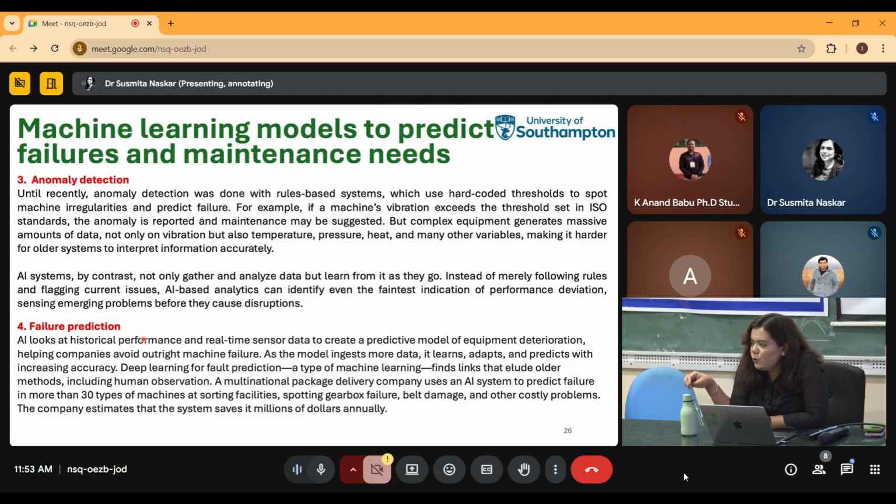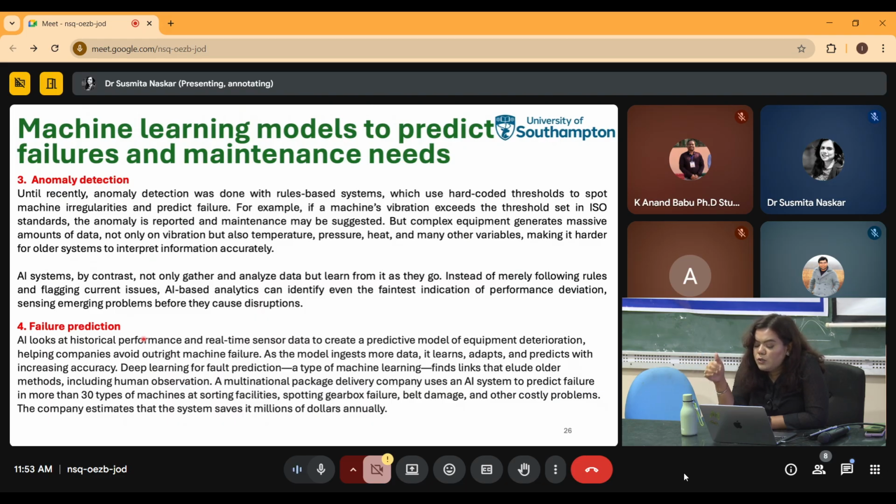And as more data flows in, the model adapts and predicts failure with increasing accuracy, right? Using deep learning methods, by using the AI tools, we can discover the patterns that older methods, including human observation, often miss.